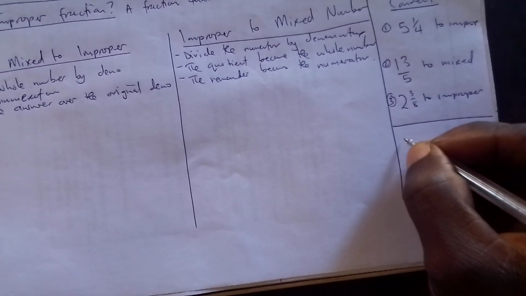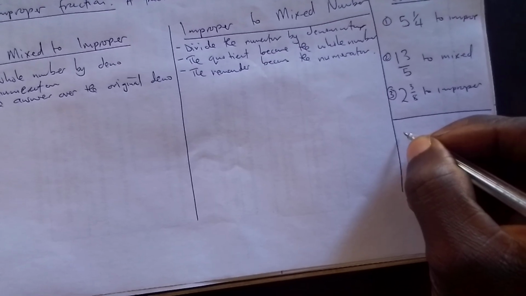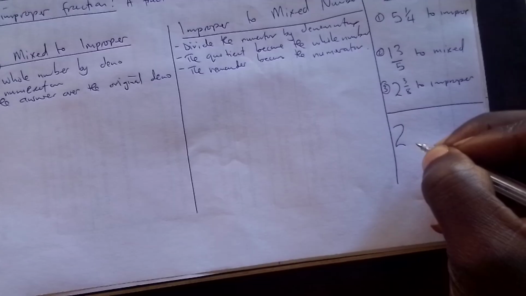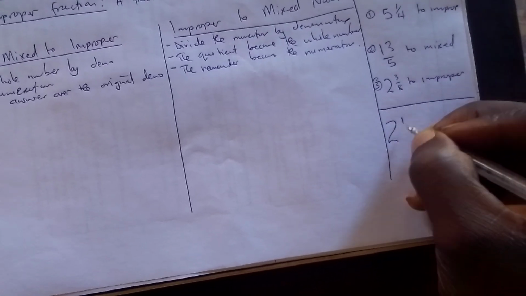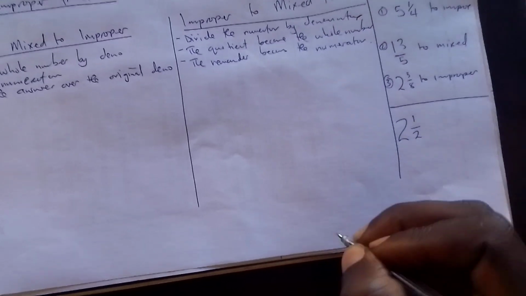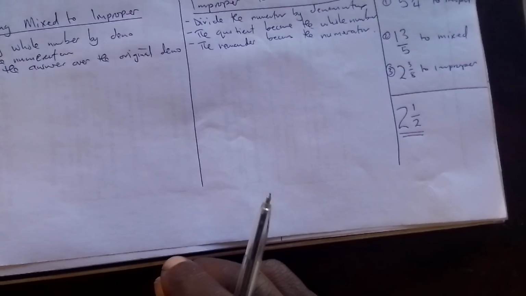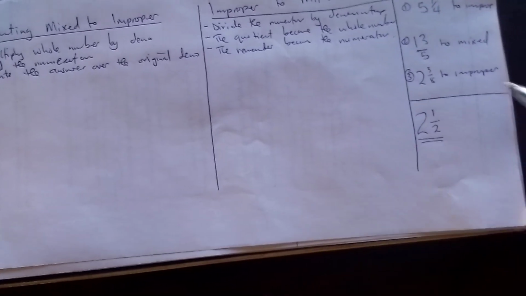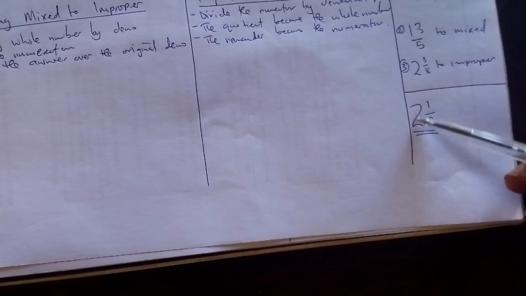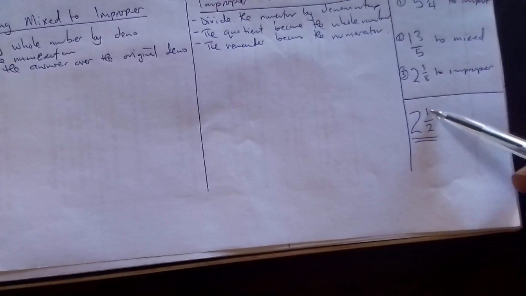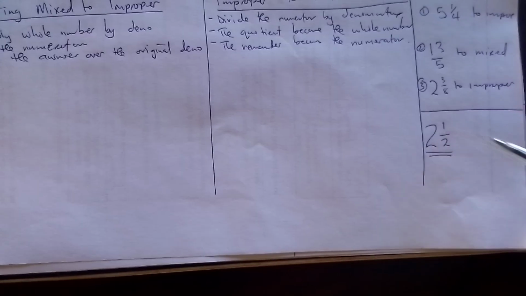So let's write an example of a mixed number. We are going to have our whole number 2, then a fraction. This is an example of a mixed number. We have the whole number, which is 2, and also the fraction, which is 1/2.